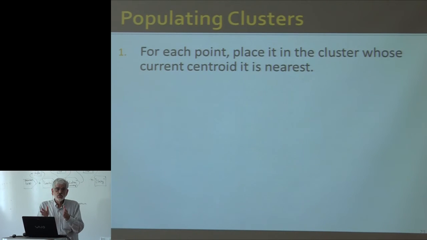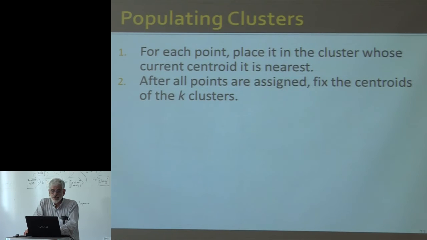And you just look at each point and you put it in the cluster to which it is nearer, such that it is nearest to the centroid of that cluster. And then, by the way, you want to move the centroid of the cluster a little bit to account for the new point that you've just added. So then after you've assigned the points, you now have the true centroids of all k clusters.